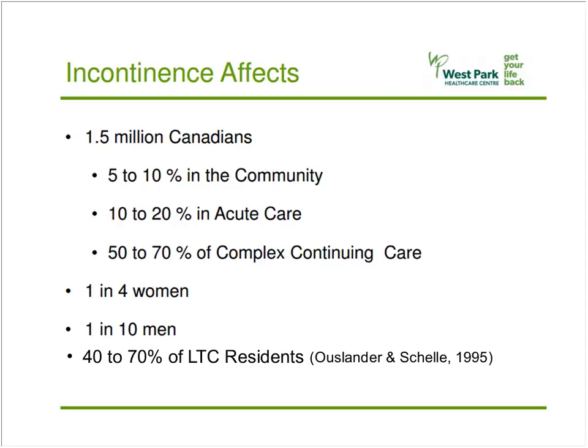I work in a rehab and complex continuing care facility, and in our facility, 50 to 70%. And for your long-term care sector, 40 to 70%. So it's a significant problem. In terms of gender differences, urinary incontinence affects 1 in 4 women sometime in their life. It's also a problem for men and affects 1 in 10 men.